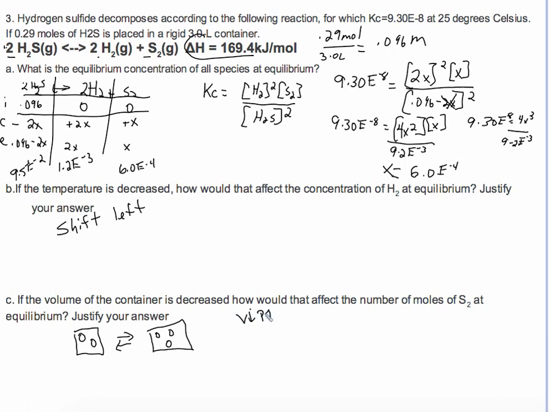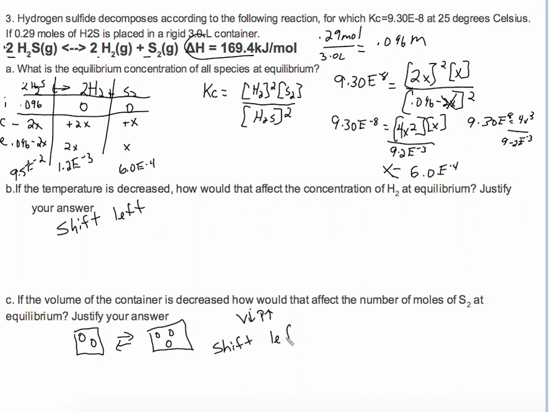Okay, so if you decrease the volume, if the volume goes down, the pressure is going to go up. This reaction is going to shift to basically reduce that pressure.